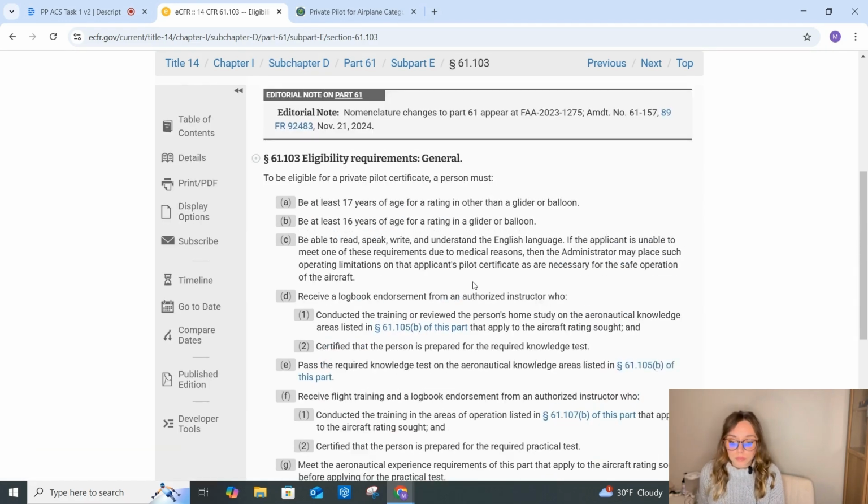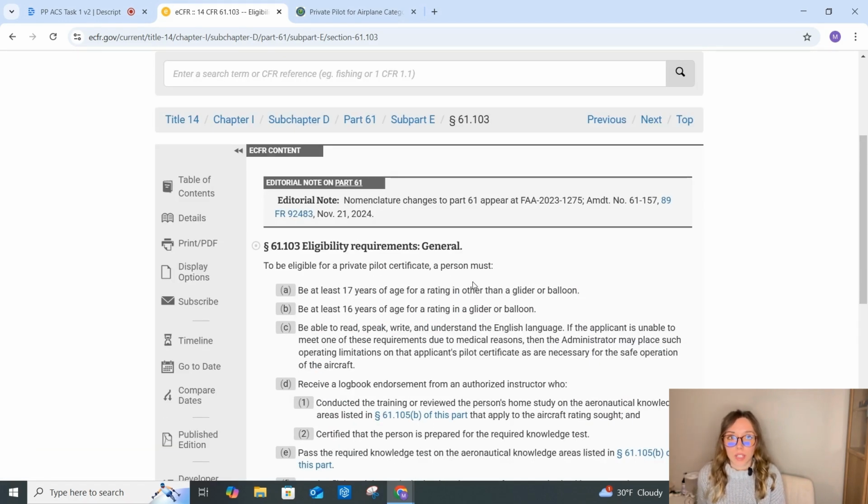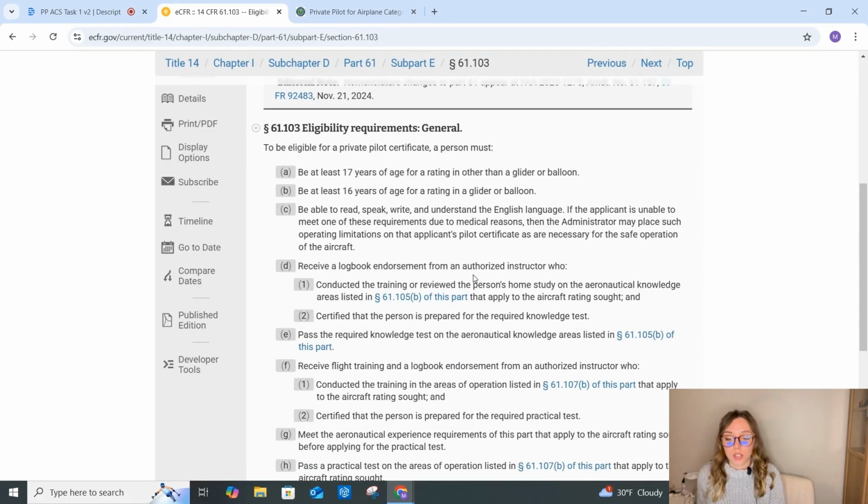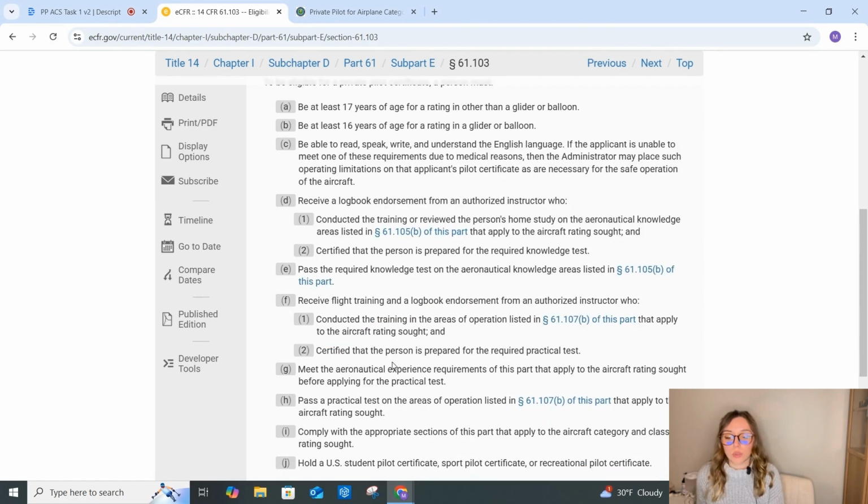So again, these are the eligibility requirements. Big ones: 17 years old, read, write, speak, understand English, pass the knowledge test, instructor endorses you for the practical test, and you have met the aeronautical experience requirements. The aeronautical experience requirements are, what did you need to do in the plane in terms of hours and types of flight?